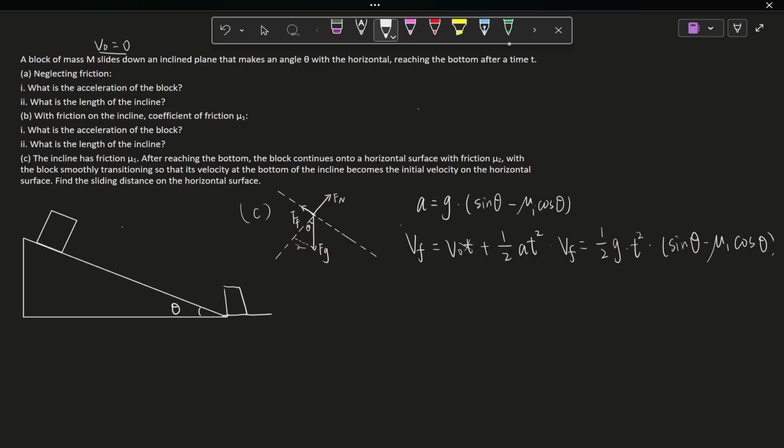So now let's draw a free body diagram for the object when it's moving on a horizontal surface. This is the block, right? It represents the center of mass of the block. Of course, there's gravitational force. Now it is on the surface, so its normal force will be perpendicular to the surface, which is straight up.